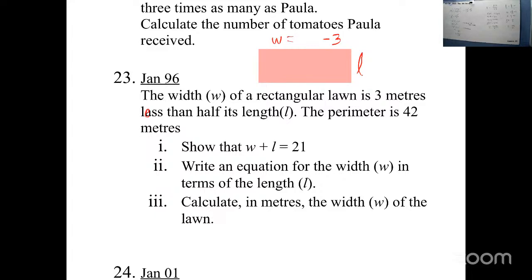How would it be? Well, L over 2. So they said that the width of the rectangular lawn is 3 meters less than half the length. Okay? 3 meters less.